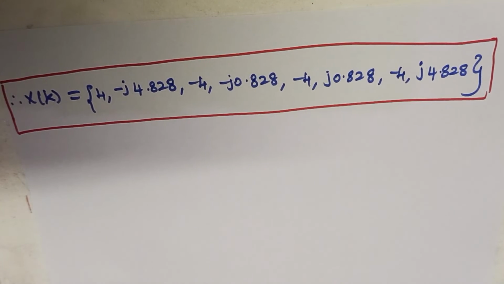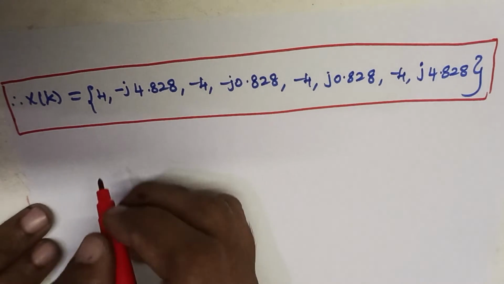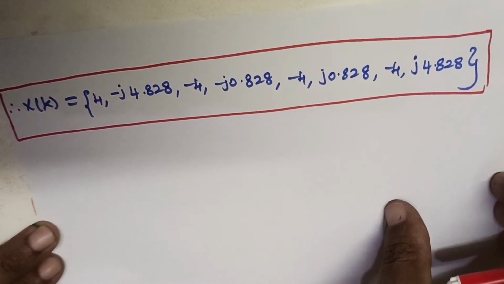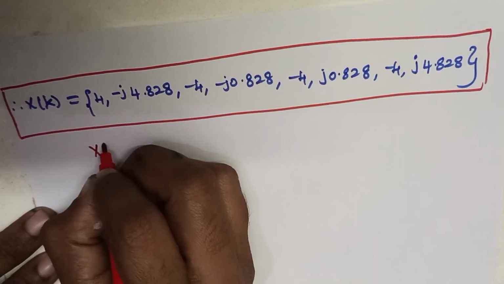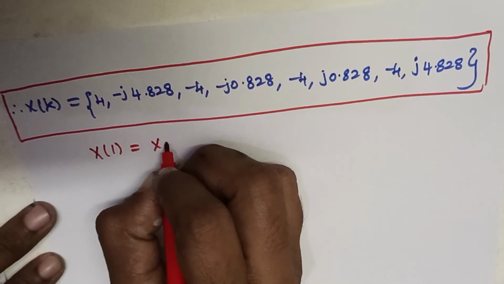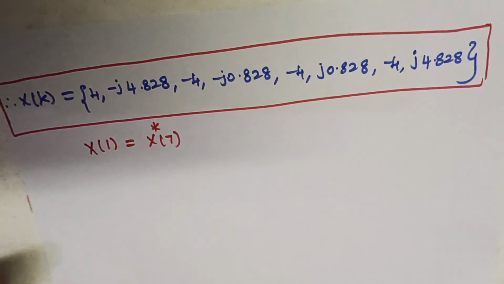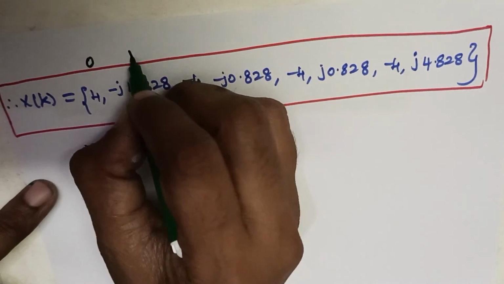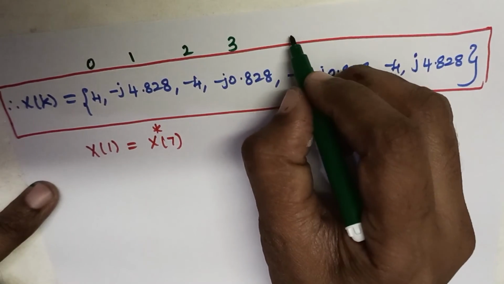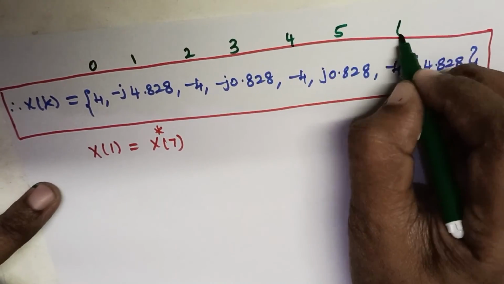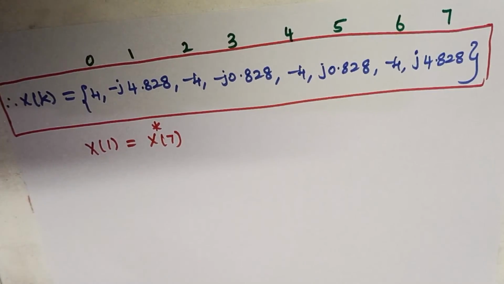One interesting thing that can be noted here is that while finding the 8-point DFT, our X of 1 and X of 7 will be complex conjugates of each other. This is 0, this is 1, 2, 3, 4, 5, 6 and 7.